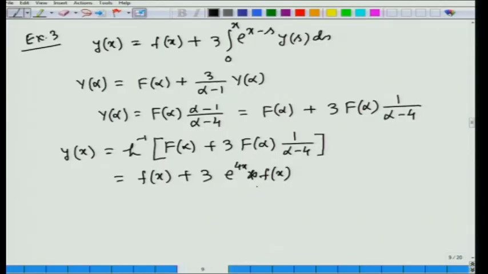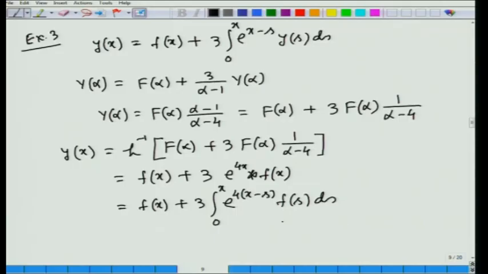This is actually the convolution of these two functions. So, writing the formula for the convolution of two functions, we can find this is equal to f(x) plus 3 integral 0 to x e to the power 4(x minus s) f(s) ds.